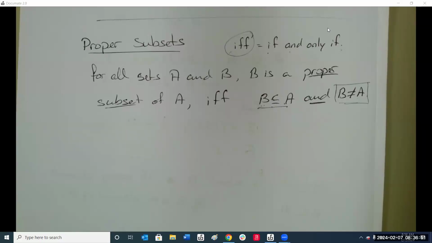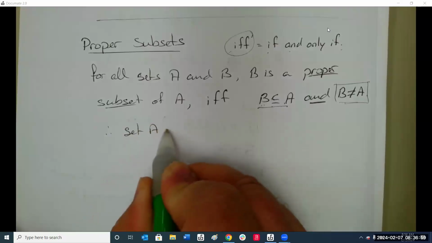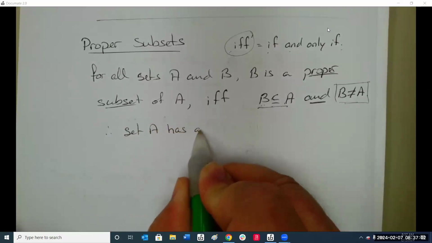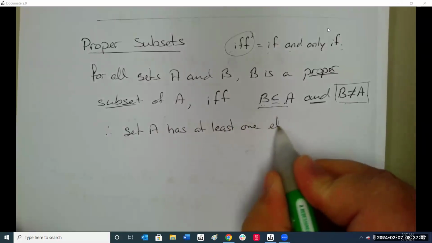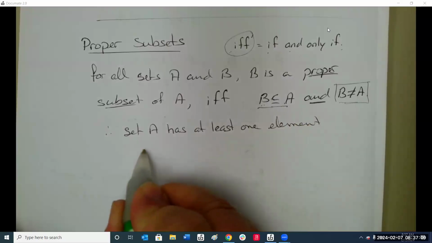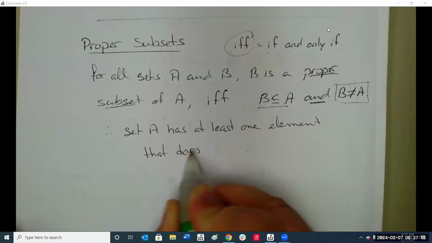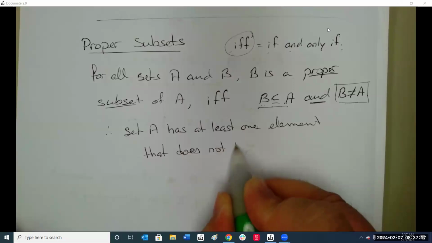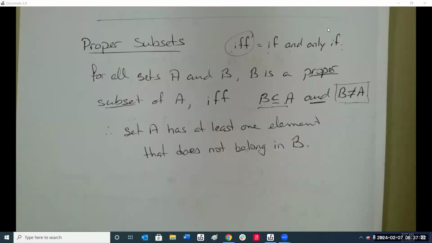If A had at least one extra element that B doesn't. This means that set A has at least one element that does not belong in B, or is not in B, I should have put. You have an example for that one.